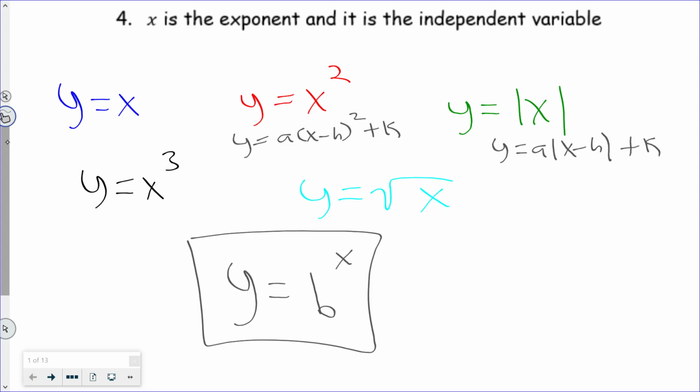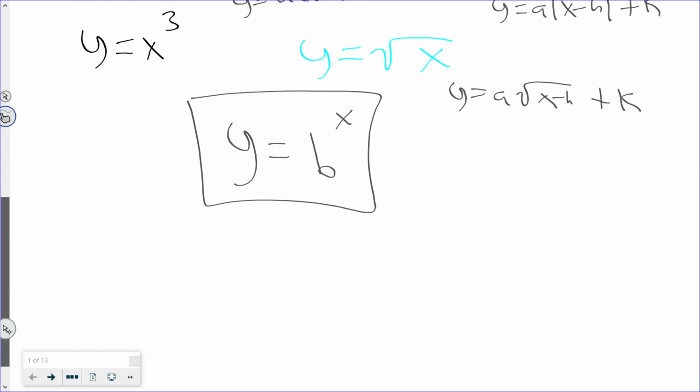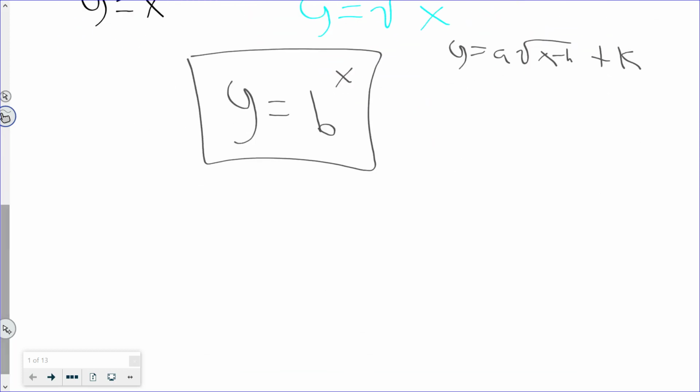Last week we took this one, y equals a radical x minus h plus k. The same thing with exponential functions. Hopefully, as you're starting to realize, everything is exactly the same. We just put an a in front, so y equals a b to the x minus h plus k.